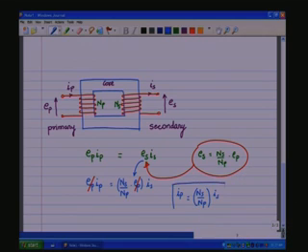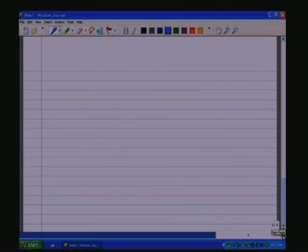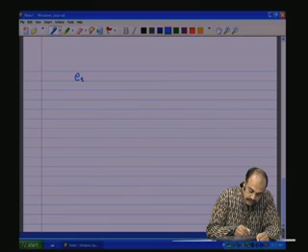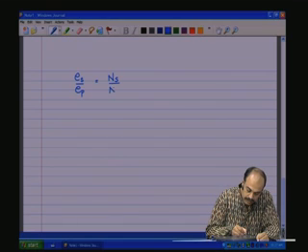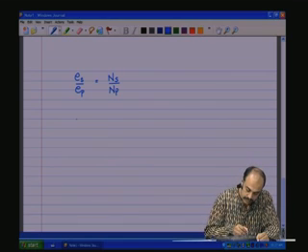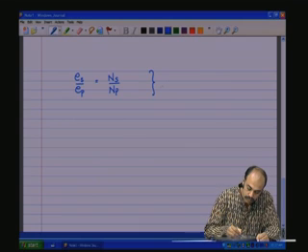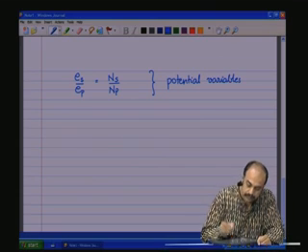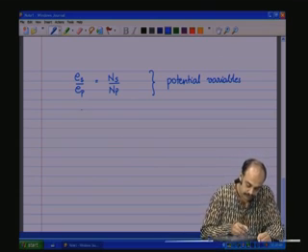This is the other relation, that is the relation for the other variable, the kinetic variable. So, summarizing, we have these two important relationships, Es by Ep, which is equal to Ns by Np. This is for the potential variable of the ports.